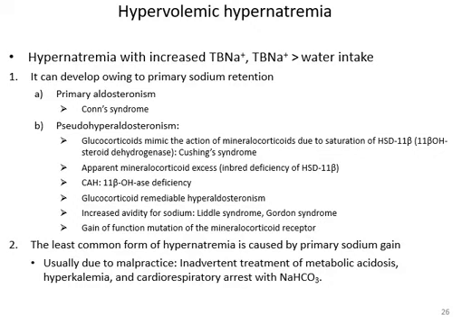For instance, glucocorticoids, when they saturate 11-beta hydroxysteroid dehydrogenase, like in Cushing's syndrome or Cushing's disease, will elicit mineralocorticoid effects, or the congenital form when the enzyme itself is missing.